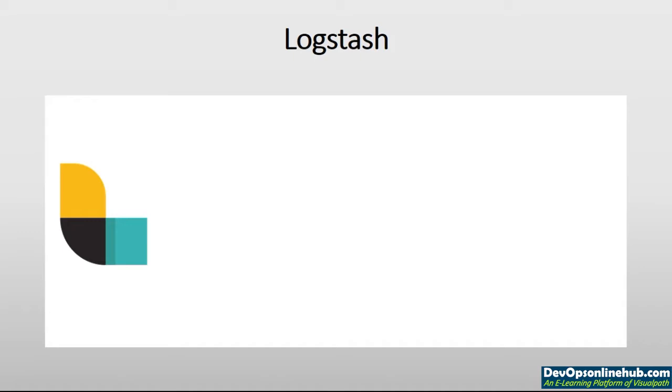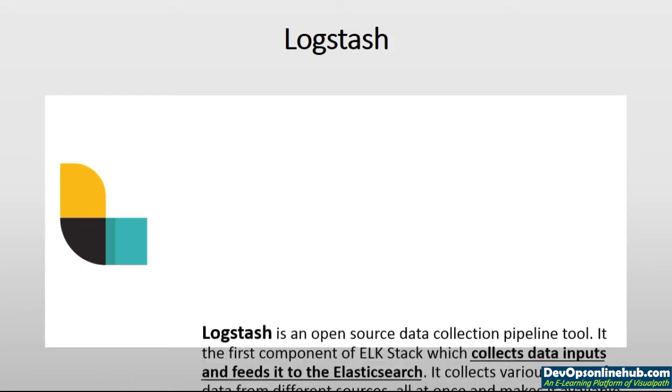It can collect the data from different sources like database, internet, mobile, etc. And it can accept the data in any format like text, graphs, pictures, etc. And then it processes it and forwards it to the next element in the pipeline for further use. Here is the definition for Logstash.